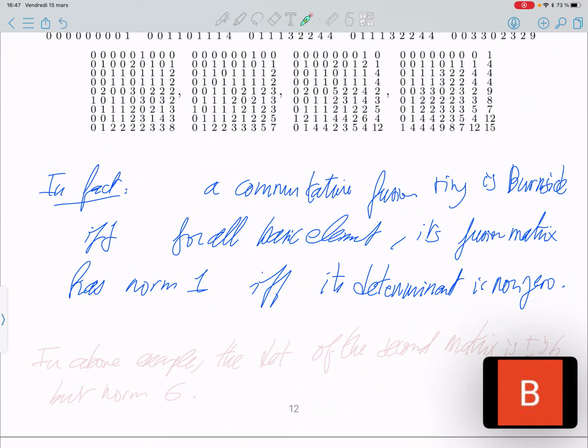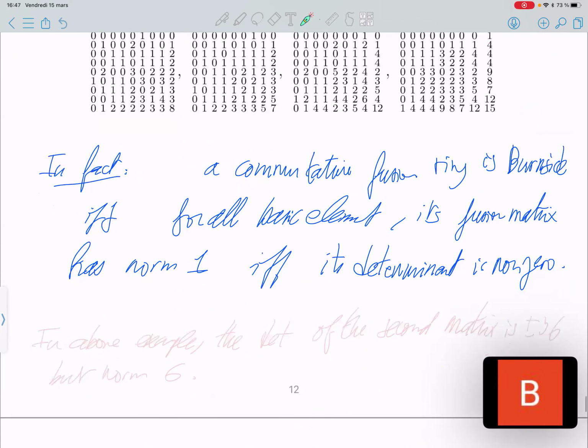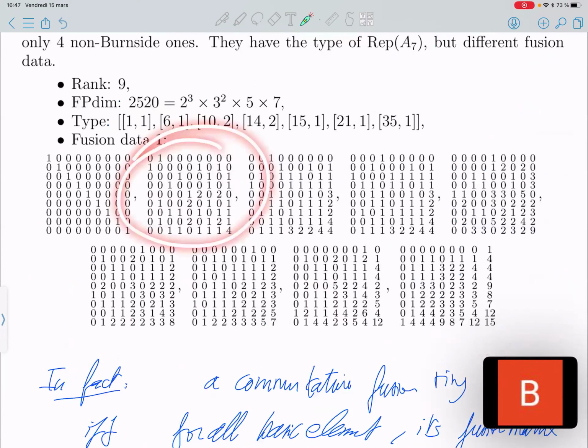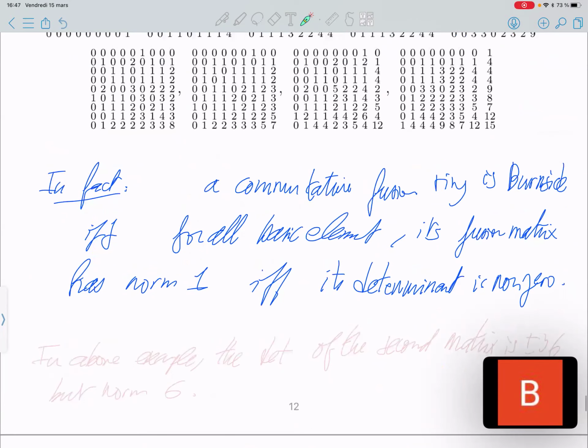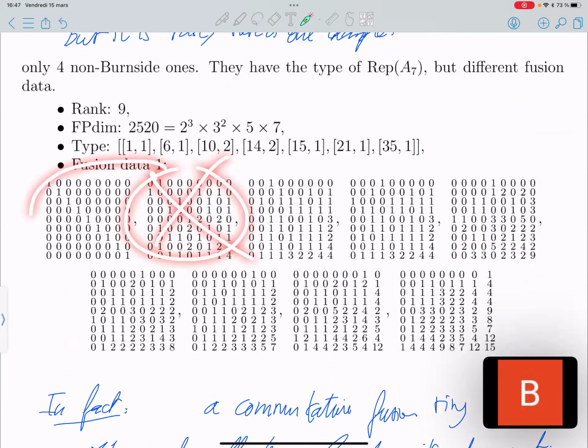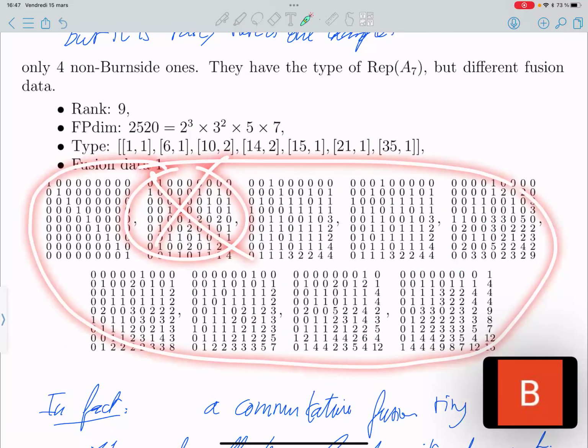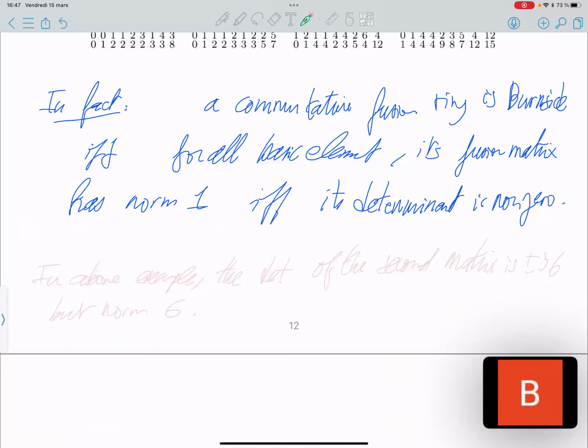Okay. So if you consider this matrix, in fact, it has norm 6 and determinant 36. So this cannot be categorified. This is very, very nice.